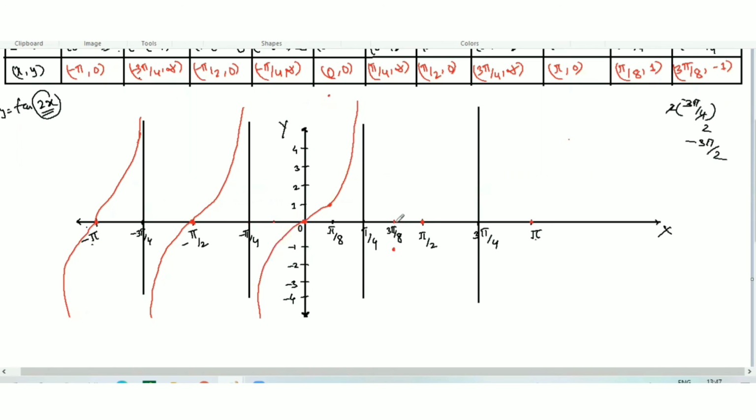And then in the same way, here we need to draw the graph. So it will go here this way, and this way. And then here it will go. So this is the graph of y equal to tan of 2x.